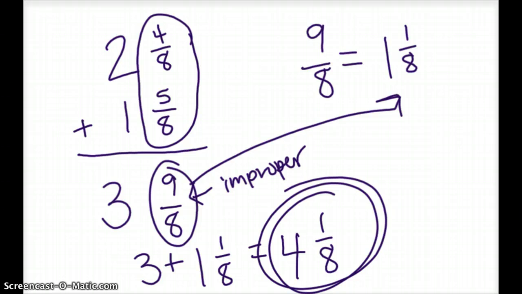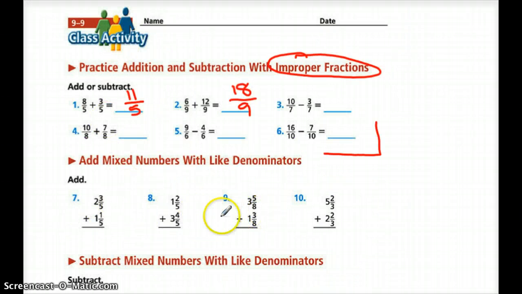So if we go back to our page, we have 4 addition problems. So 2 3/5 plus 1 1/5. So 3/5 plus 1/5 is 4/5. 2 plus 1 is 3. This one does not have an improper fraction, so I can leave it. I'm all done. Number 8 has an improper fraction, so let's look at that one. 2/5 plus 4/5 equals 6/5. 1 plus 3 equals 4.